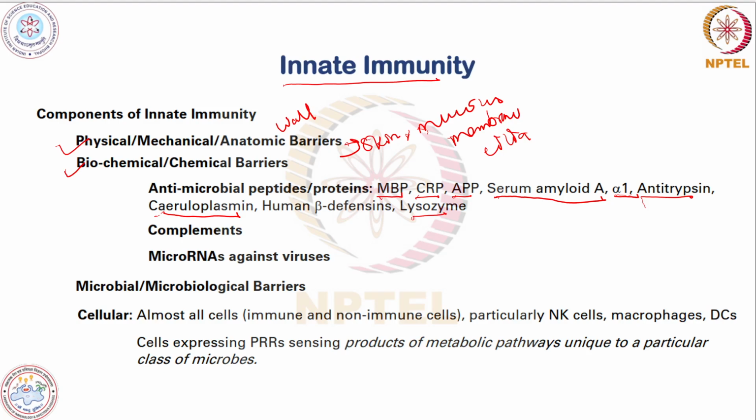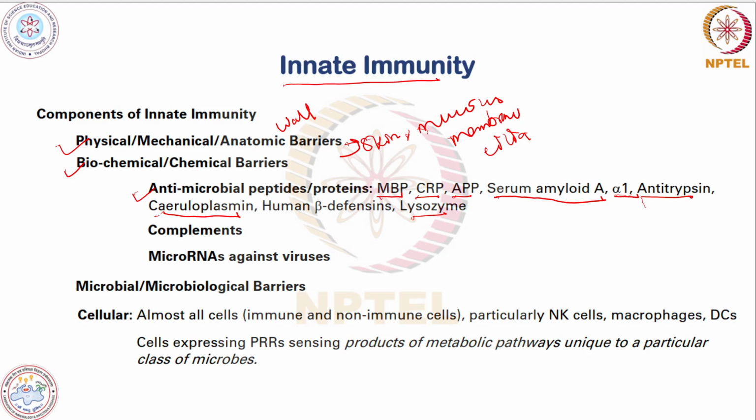So what we discussed is that we have some biochemical or chemical barriers to protect us from infection. The first of these are the antimicrobial peptides or proteins, examples of which are MBP, mannose binding protein, C-reactive protein, acute phase proteins, serum amyloid A, alpha 1 antitrypsin, ceruloplasmin, and some human beta defensins and lysozymes.